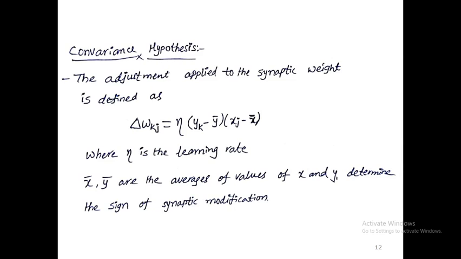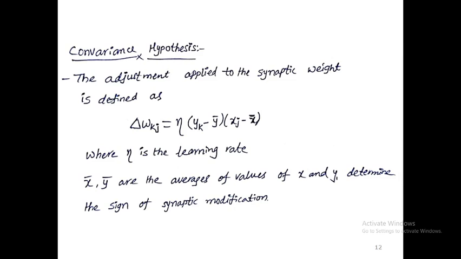So on the y-axis, if you want to find a point, what do you have to keep? Yk should be 0, because the y-axis is del wkj in that graph. So you simply keep yk equal to 0, then you get del wkj is equal to neta into 0 minus y bar into xj minus x bar.